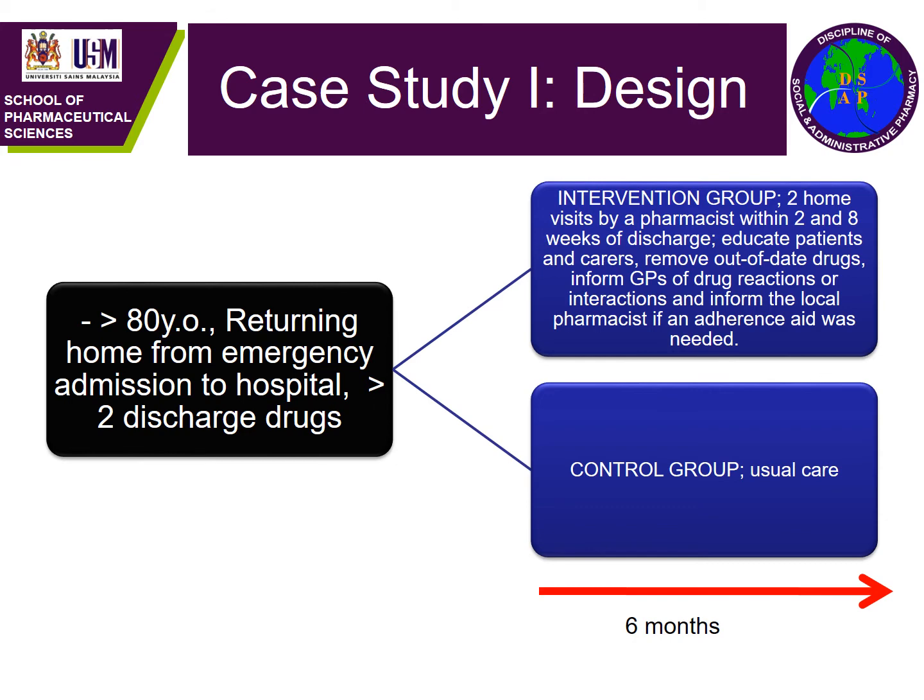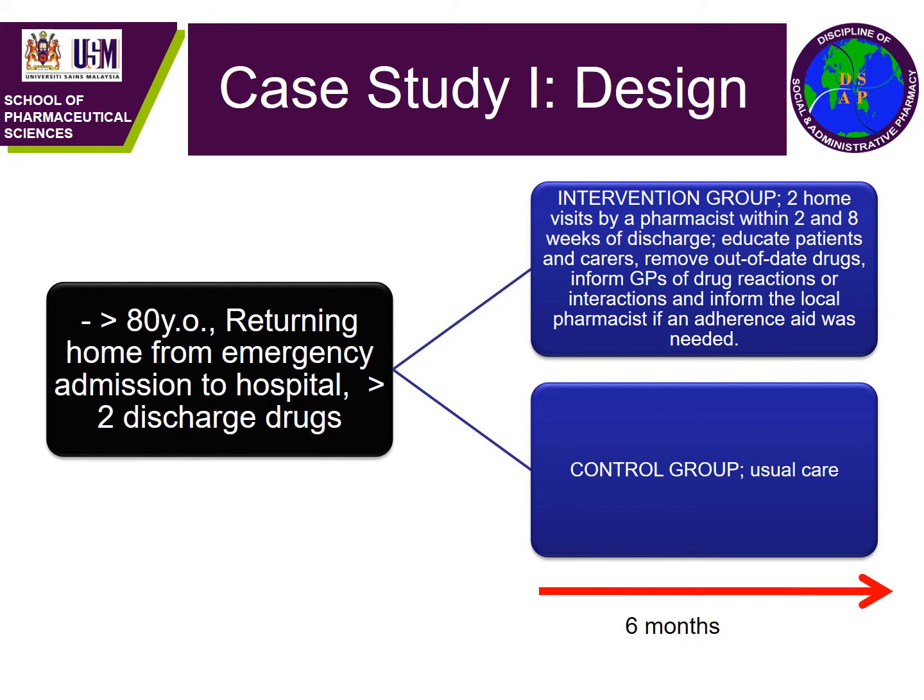The pharmacists educate the patients and also the carer, remove expired drugs, inform the GPs if there are any drug reactions or potential interactions, and also inform the local pharmacists if an adherence aid was needed. In the control group, they only receive usual care without this home-based medication review.